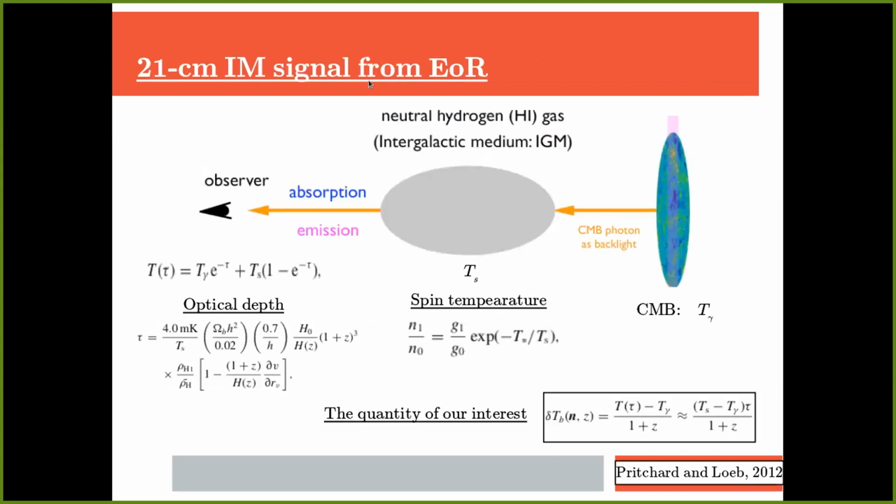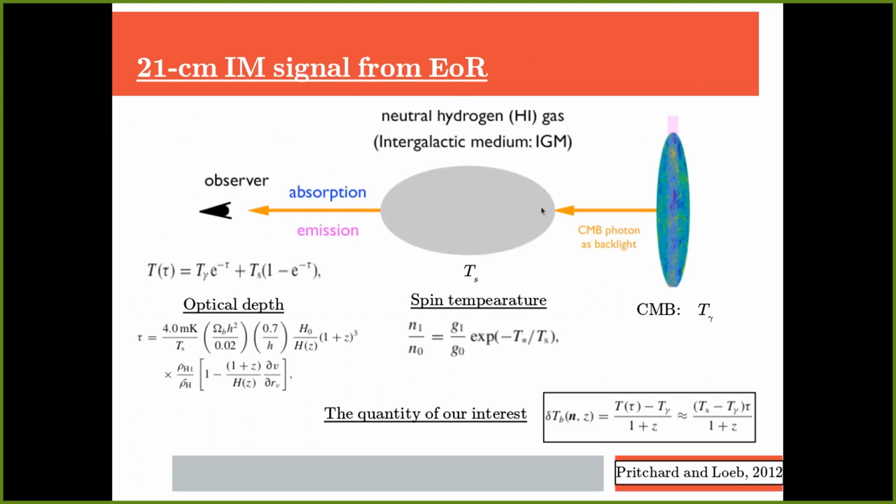So the system that we are considering is, here's the CMB background at a temperature T gamma, and the CMB photons are coming through the intergalactic medium where they are getting absorbed and emitted, and some brightness temperature is being recorded over here at the observer, right?